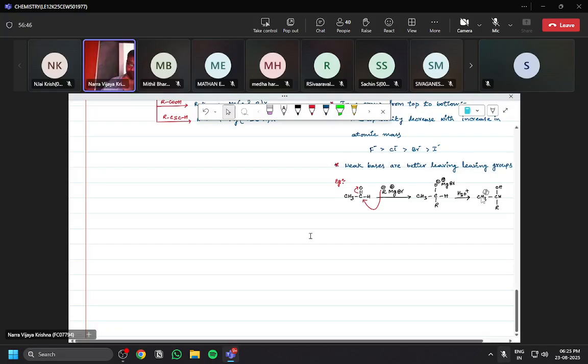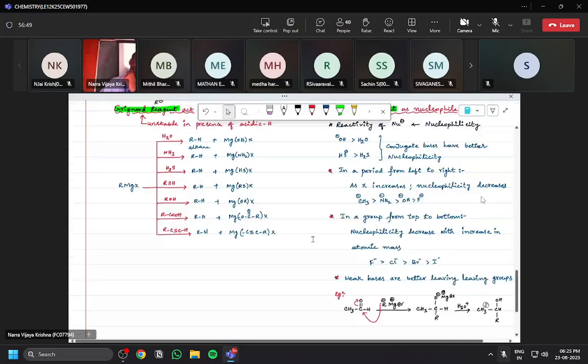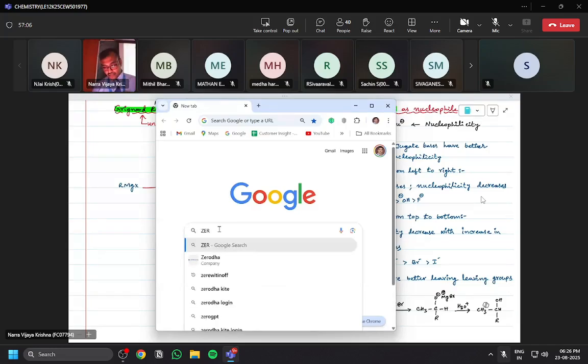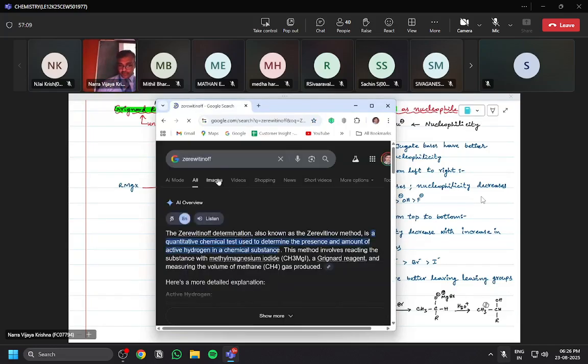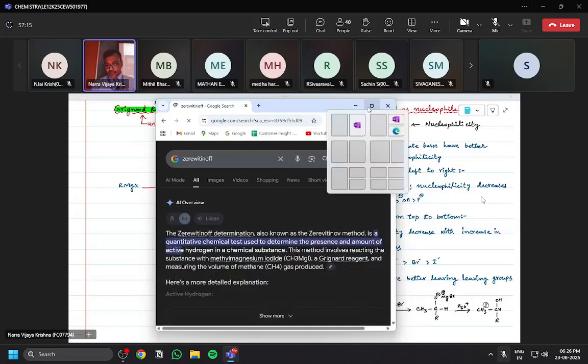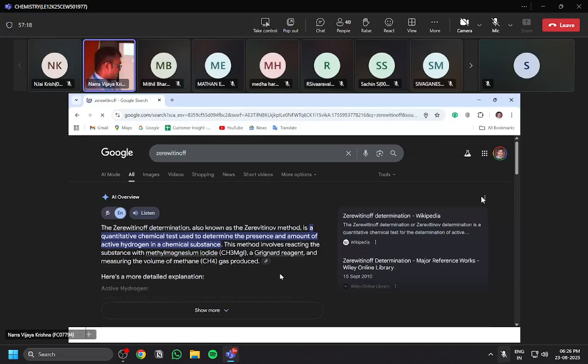One more point. Have we discussed the statement, Zerewitinoff's reaction? Just read this statement. What is Zerewitinoff's reaction? A quantitative chemical test used to determine the presence of the number of active hydrogens, meaning the number of acidic hydrogens.